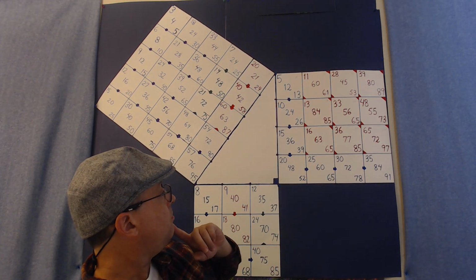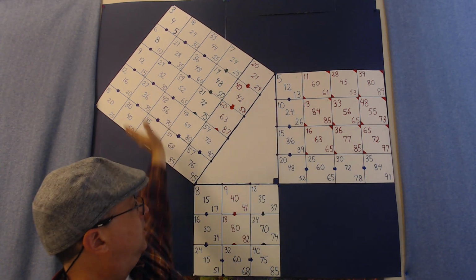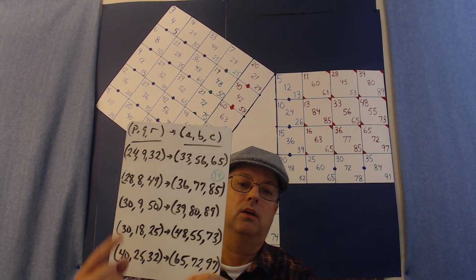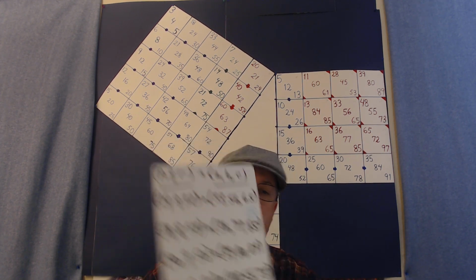Okay. So I have shown you that all of these Pythagorean triples have come from P's, Q's, and R's. And those P, Q, and R came from the idea that if I want P, that's A plus B minus C. So how do you find P?